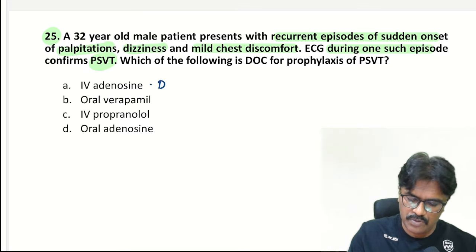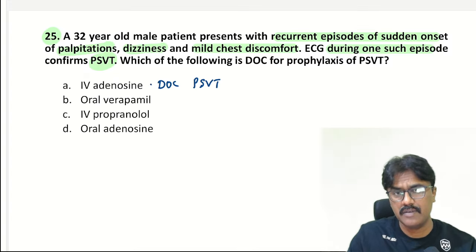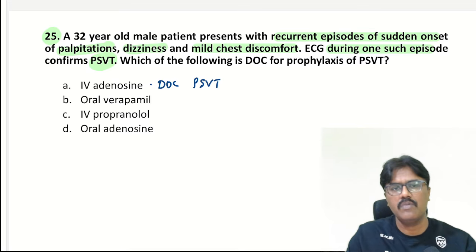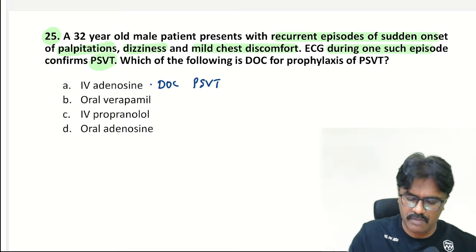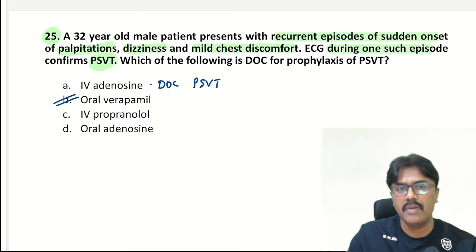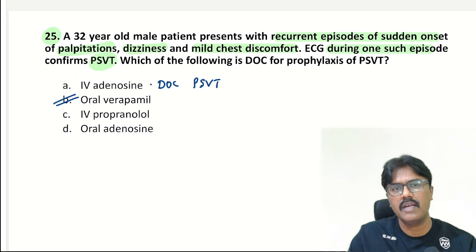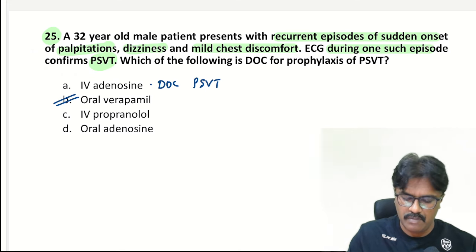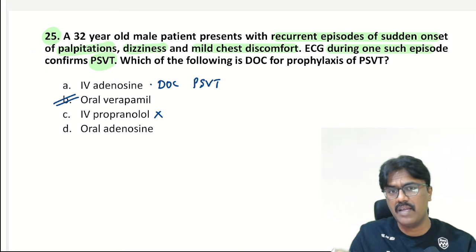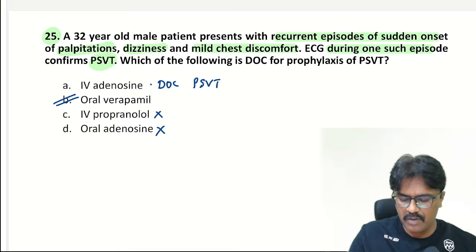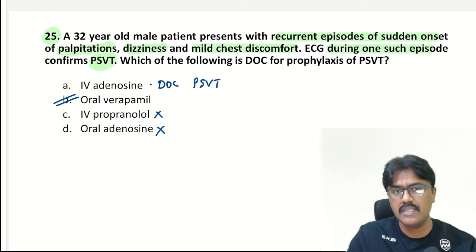Adenosine is the drug of choice for an attack of PSVT, so that cannot be the answer. Prophylaxis means we should give an oral drug. The oral drug that can be given is verapamil. Verapamil is a CCB that can be given for prophylaxis. Beta blocker can also be used, but they are not given IV. Oral adenosine is not available. So the answer is verapamil.